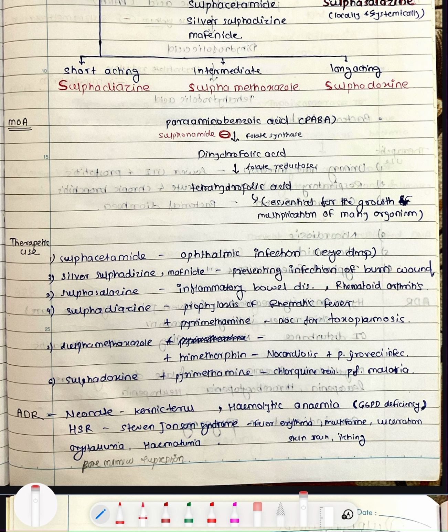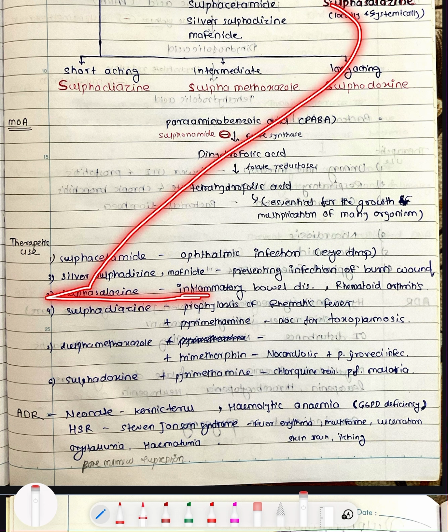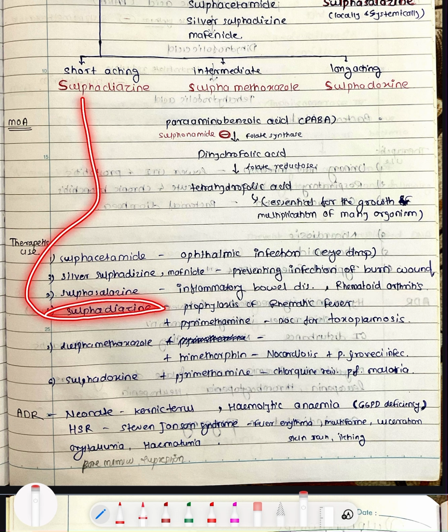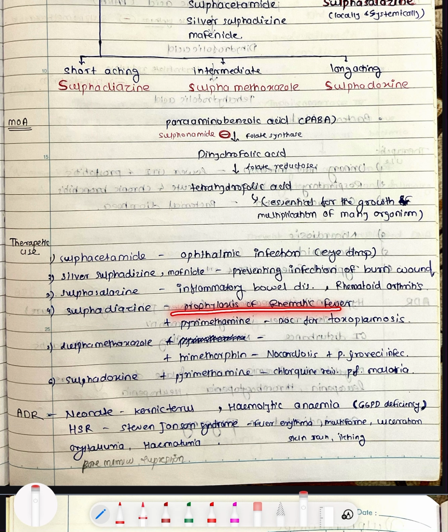Then the third one is sulfasalazine, which is both systemically as well as locally acting. It is used for inflammatory bowel disease and rheumatoid arthritis. Then the fourth one, sulfadiazine, which is a systemically acting, short acting sulfonamide, is used with pyrimethamine in the prophylaxis of rheumatic fever.